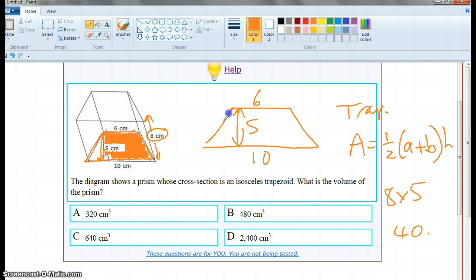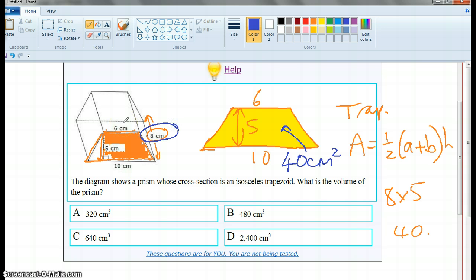So the area of that trapezium is 40 what? Centimetres squared is the area. Okay. Then we have to times it by 8, which is our length.